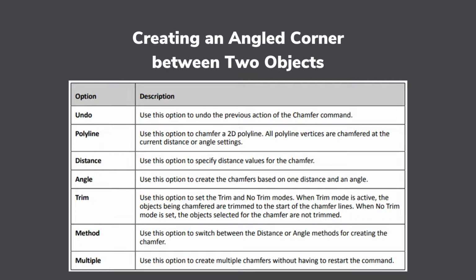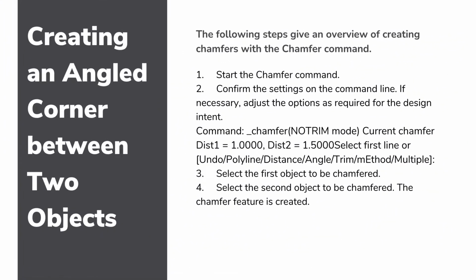Okay, so let's proceed first on how we can use the chamfer command. So, the following steps give an overview of creating chamfers with the chamfer command. Okay, so first, we start the chamfer command by typing the word chamfer or by selecting the chamfer icon on the palette in the ribbon. Next, confirm the settings on the command line.